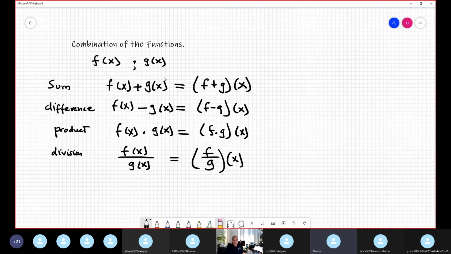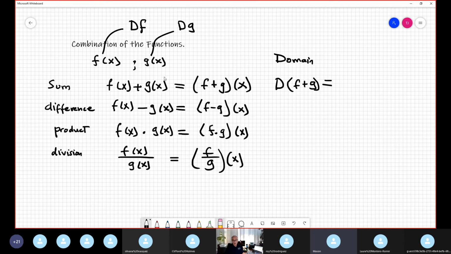Now, what about the domain? You know that the domain of f is given, and the domain of g is given. So the domain of the new function, the domain of f plus g, is the intersection: domain f intersection domain g.